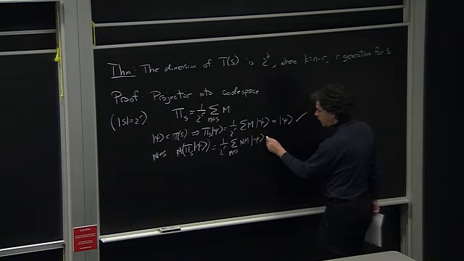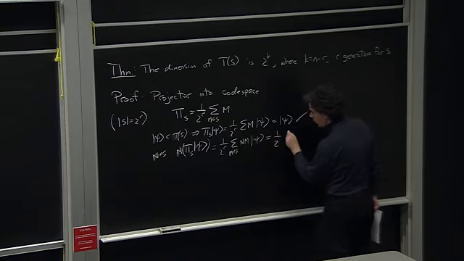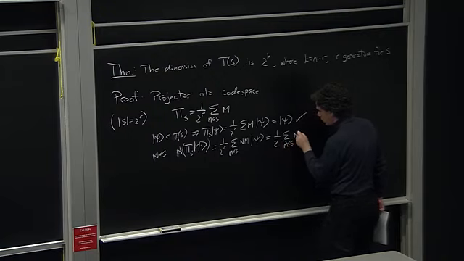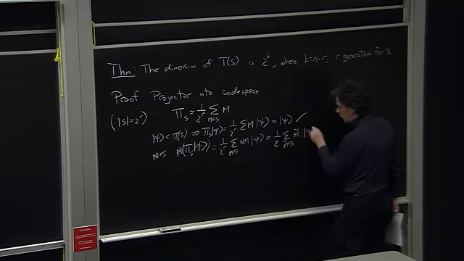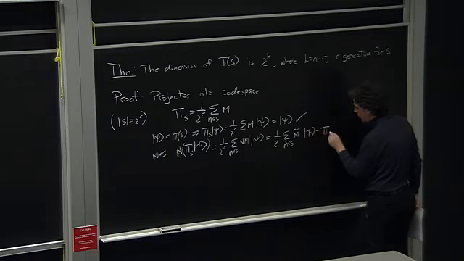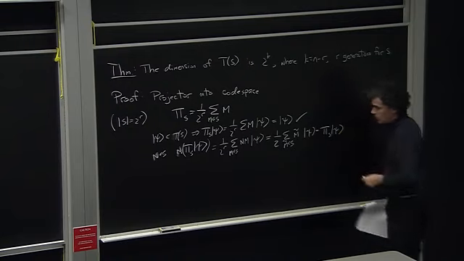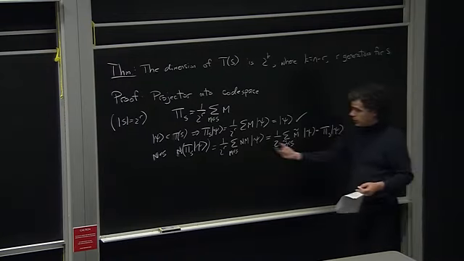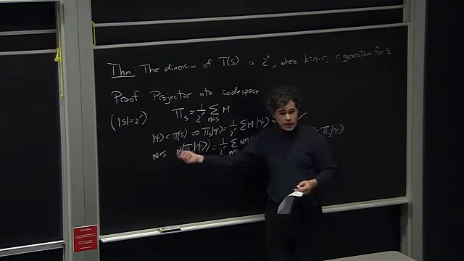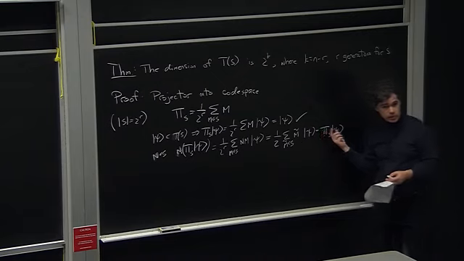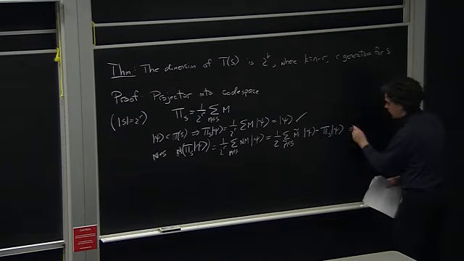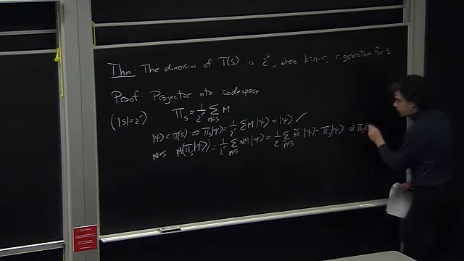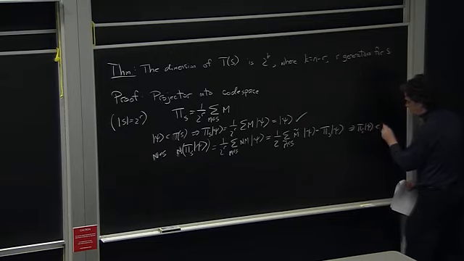OK? So this is equal to the sum over M tilde in S of M tilde psi, which is then back to this projector. So this is saying that Pi_S psi has the property that for any M in S, it has a +1 eigenvalue. So that implies that Pi_S psi is in the code space.